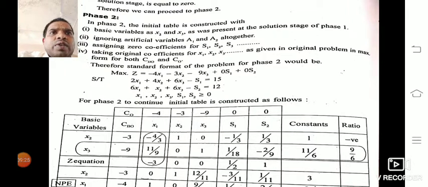Second, ignoring the artificial variables a1 and a2 altogether in phase 2, assign 0 coefficients for s1, s2, s3, and take the original coefficients for x1, x2, x3 from the objective function coefficients, that is CBO and CO. Therefore the standard format becomes z equals minus 4x1 minus 3x2 minus 9x3 plus 0s1 plus 0s2, with constraints 2x1 plus 4x2 plus 6x3 minus s1 equals 15, and 6x1 plus x2 plus 6x3 minus s2 equals 12.